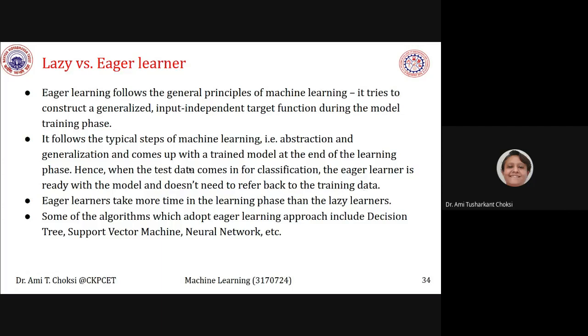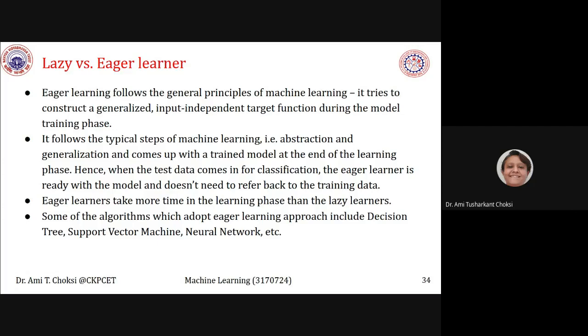Are you getting that? The abstraction and generalization concept with the trained model, at the end of the learning phase, the model is trained. That is what is available here. The eager learner is ready with the model and doesn't need to refer back to training data. It is already trained. Eager learners take more time in the learning phase than lazy learners.